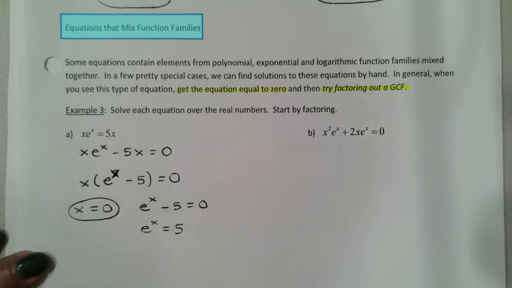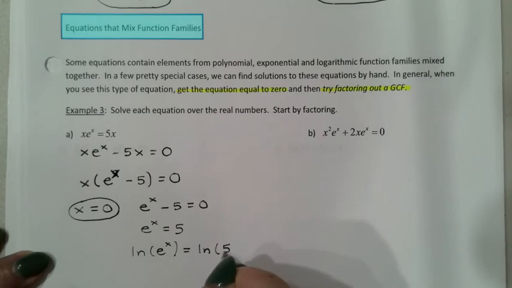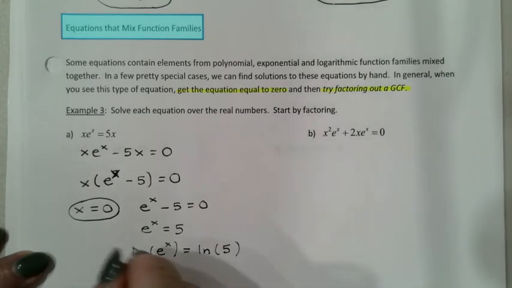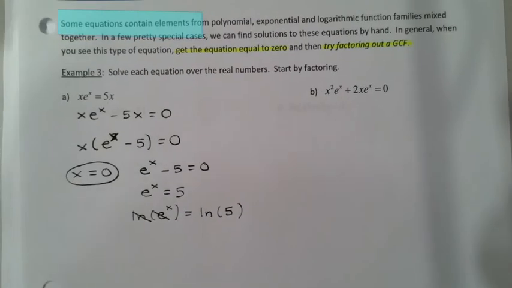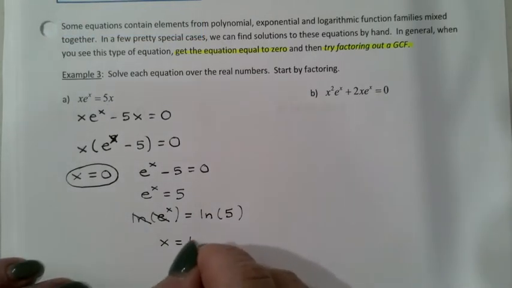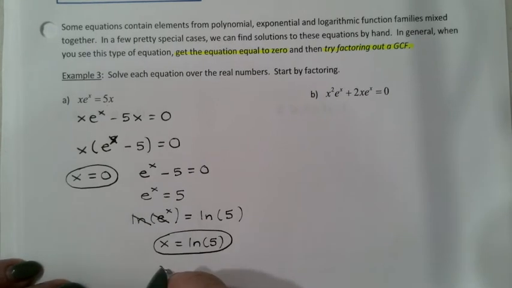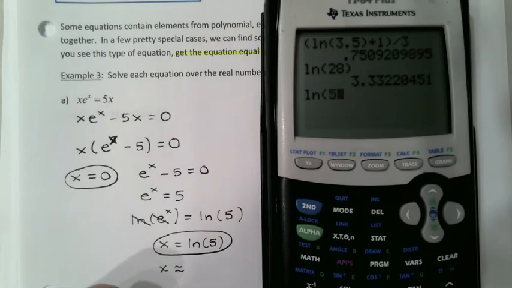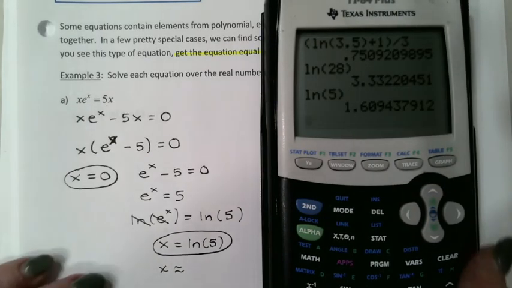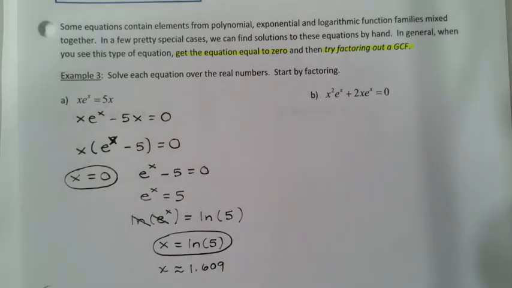And then to get rid of the exponential base e, I use a natural log, doing the same thing on both sides. Inverse functions get rid of each other. And so I just get x equals the natural log of 5, if I want to stick with exact answers, or of course I could just do a decimal, and it's about 1.609. Okay, but two solutions.